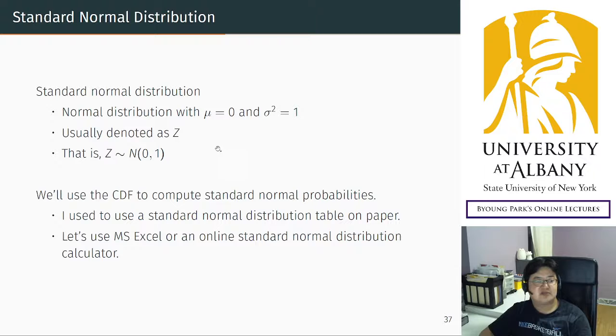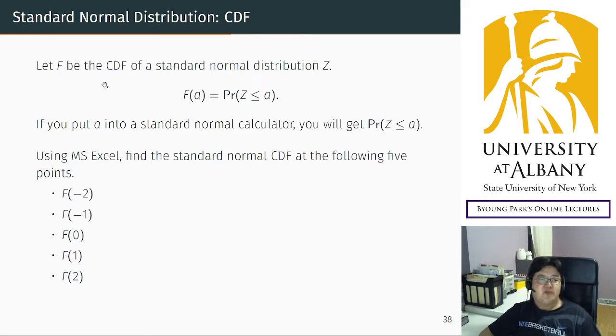Let's think about this first. Remember, the CDF, the cumulative distribution function, is defined this way. When you specify a value A, this function returns the probability that a standard normal random variable is smaller than or equal to that value A. So given input A, it returns the probability of being smaller than A. That is the CDF, and I am going to show you how to find the standard normal CDF at these values.